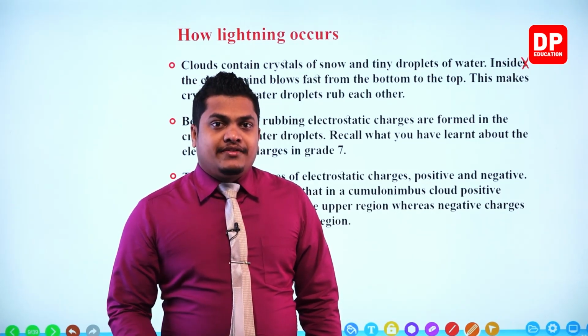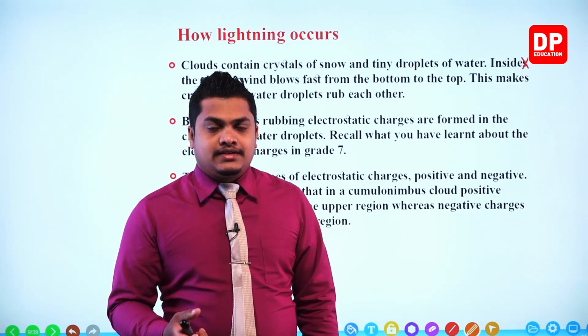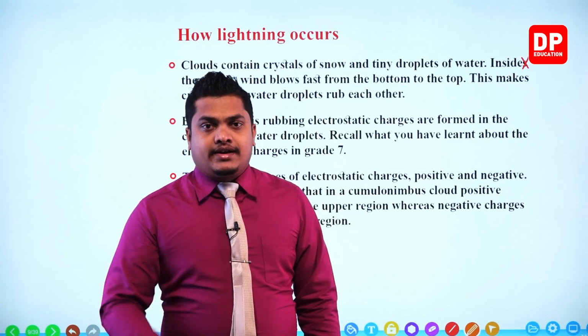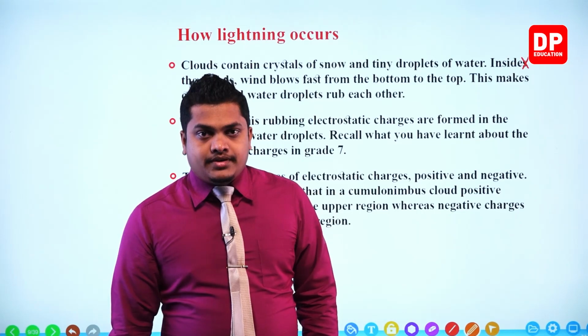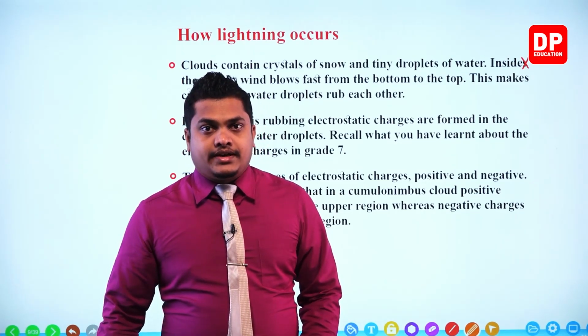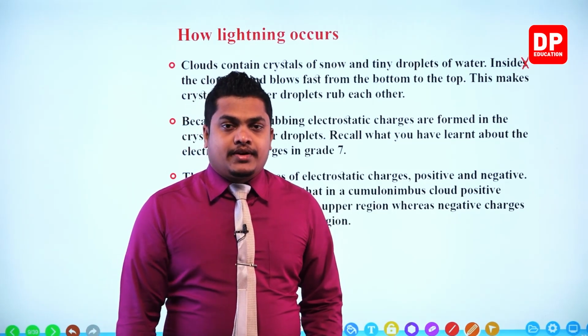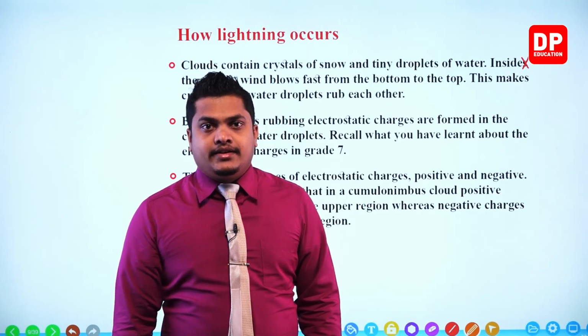When this potential difference becomes very high at a certain moment, static electrical charges will definitely flow from higher potential to lower potential. This flow of electrostatic charges from higher potential to lower potential is what is referred to as lightning, in simple terms.